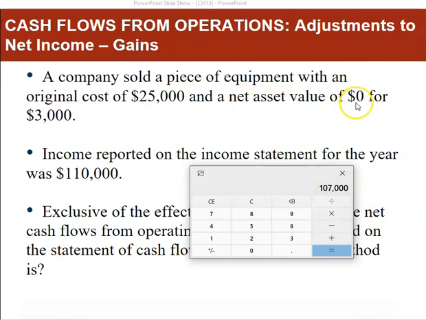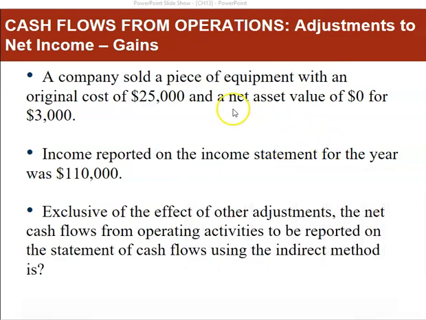If this net book value had been, let's just say, $6,000, and then we sold it for $3,000, well, that would be a loss of $3,000, and we would actually add that to net income rather than subtract it. Okay, but we have here a gain.